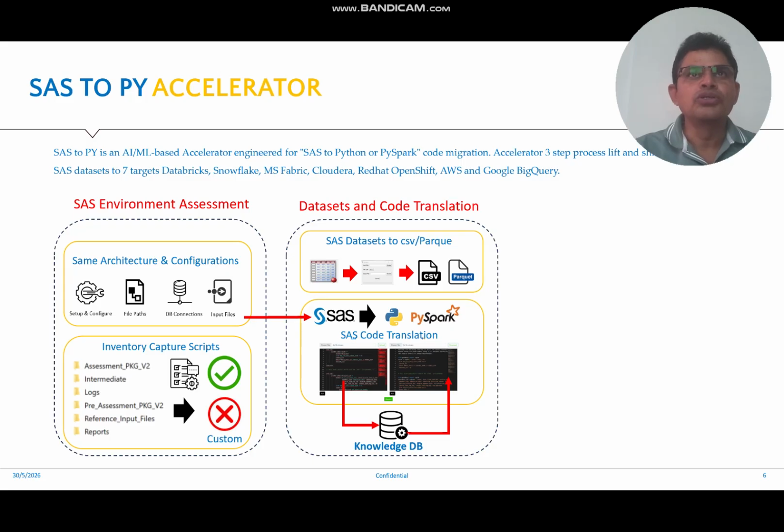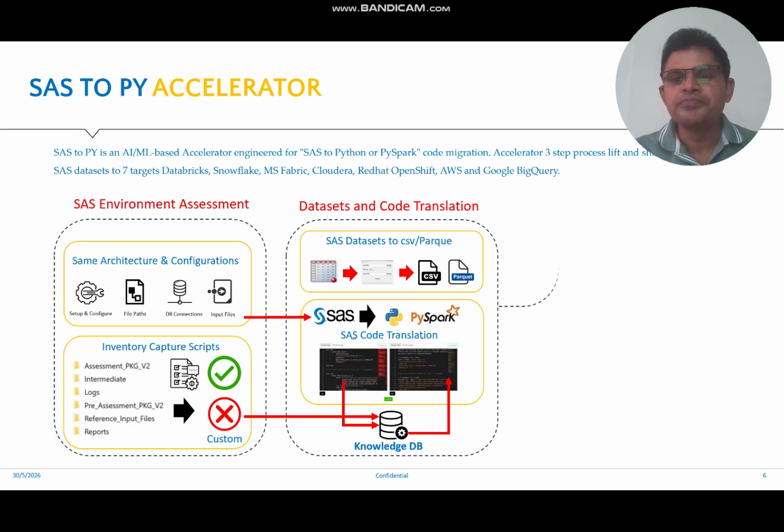And for those, you don't need to do manual remediation. What we do is, before the migration starts, we add this custom into our knowledge DB, so that at the time of migration you'll be converting 100% into Python or PySpark.